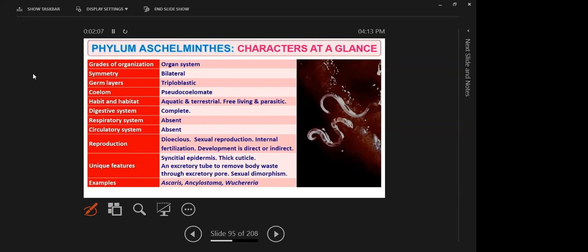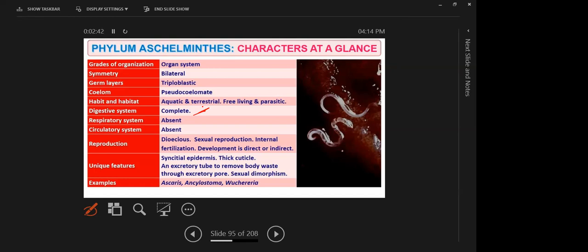Why do you call it a complete digestive system? What's the meaning of it? It has a full digestive system. What do you mean by full? Do you have half then? Does any organism have half?